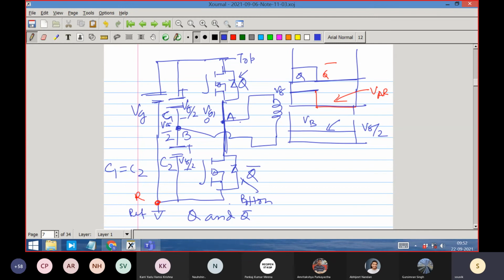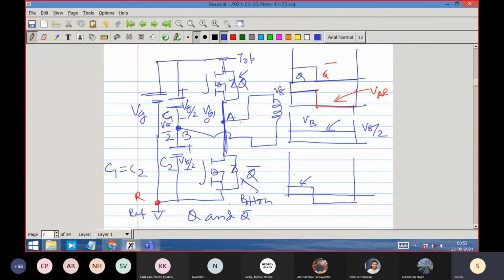VAB is this minus this, right? So you can clearly see one thing: what will be happening? In the on time VAB is positive and in the off time it is negative.